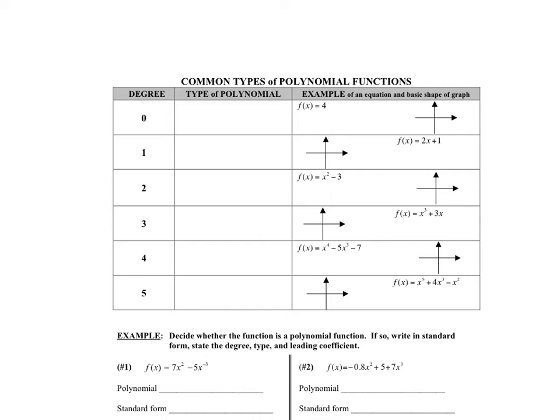Okay, some common types of polynomials. When the degree is 0, this is called a constant. And it would be like f of x equals 4. This is our example. And what the graph would look like is it would just be a horizontal line.